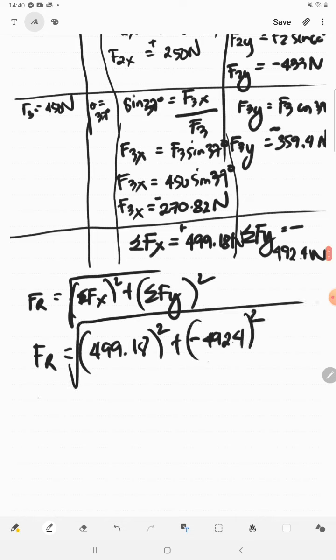Therefore your answer is 701.2 newtons. So this is our resultant of the force.